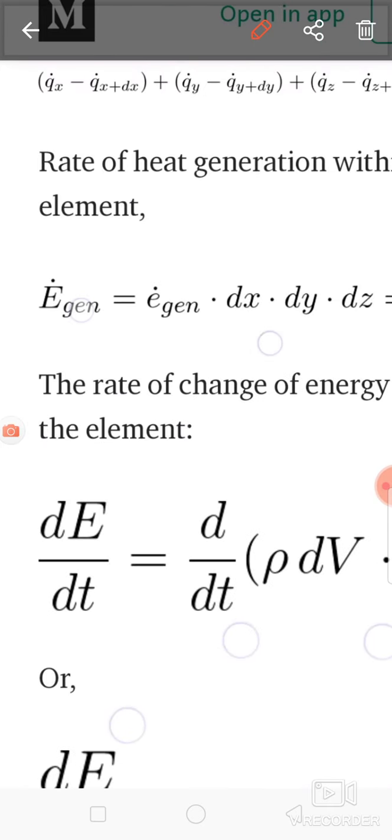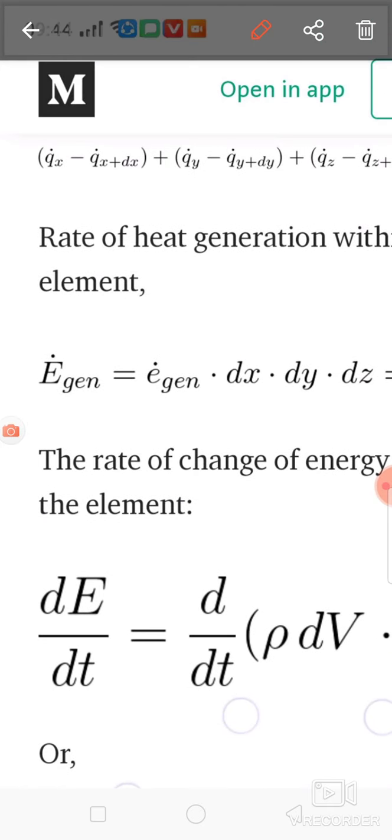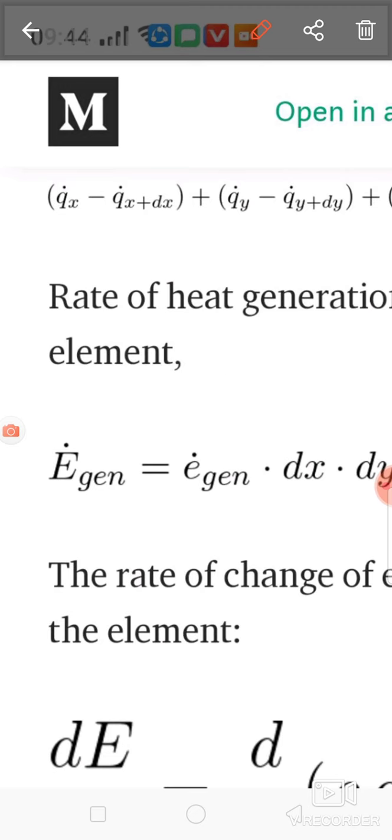So q dot x means the rate of heat, that is, the rate of heat conducted into the element in the x direction. At the same time, some amount of heat is conducted out of the element at x plus dx.